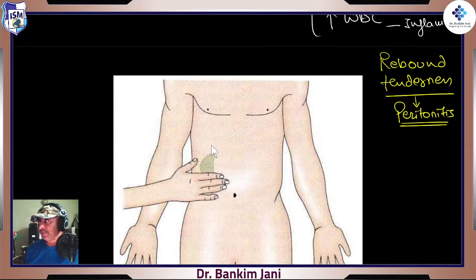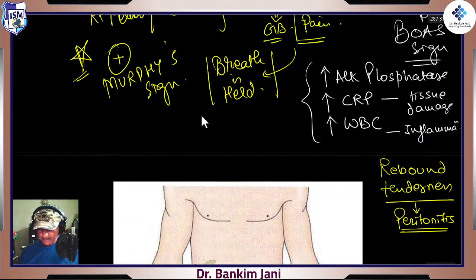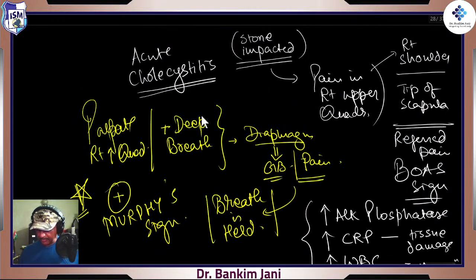Yes, referred pain is always associated with dermatomes, right? So over here, when we talk about this Boas sign, it is because of the involvement of the phrenic nerve that the pain in the right upper quadrant is felt in the right shoulder. Yes, you are right, that is because of the dermatome.